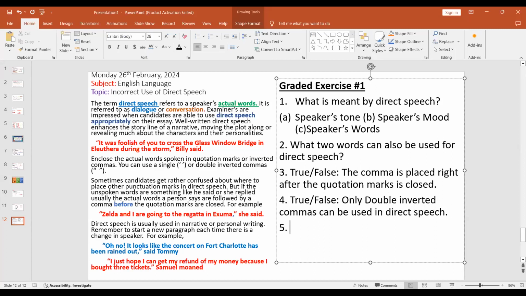Number 5: in narrative writing, give two reasons why direct speech is effective.